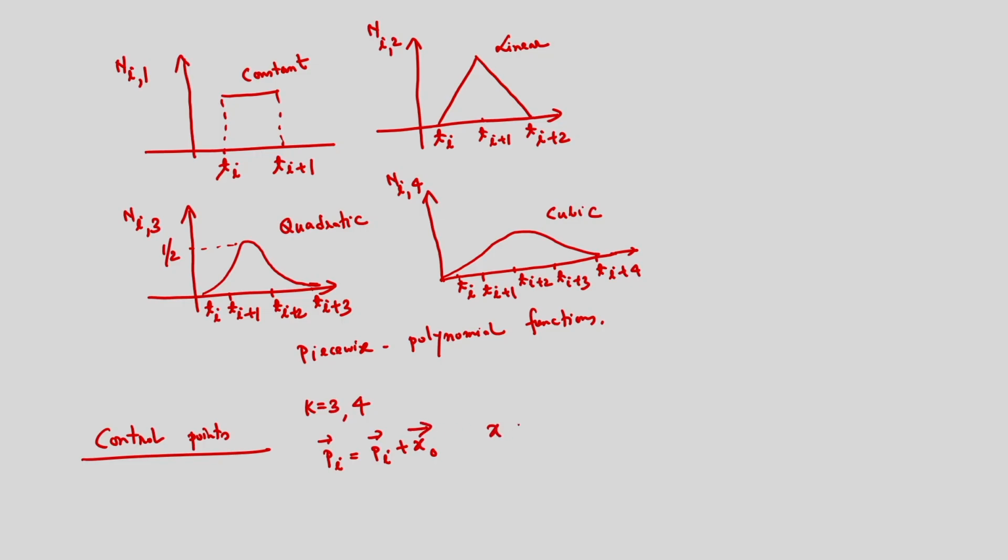So what is x naught? X naught is nothing but x naught, y naught, t. So I can do the translation. I can do the scaling of the control points, and also I can do the rotation of the control points.